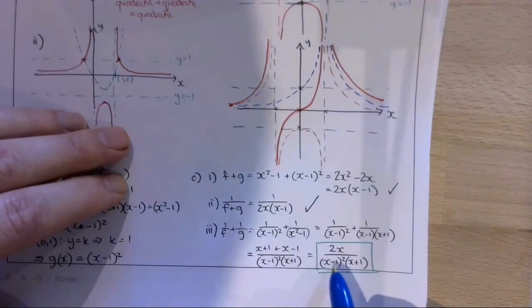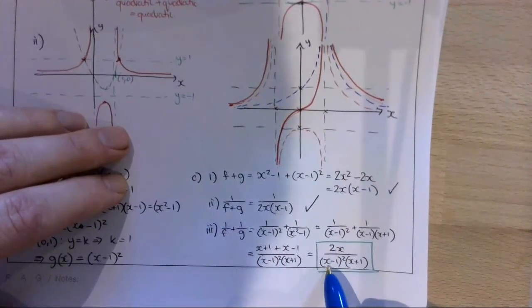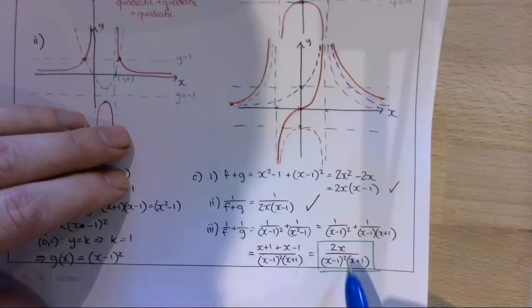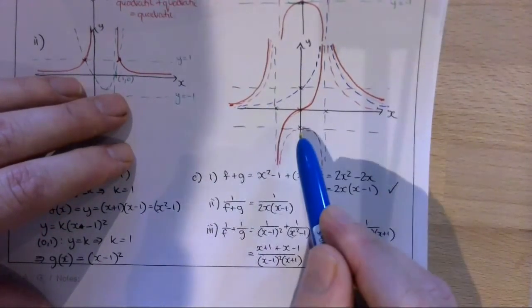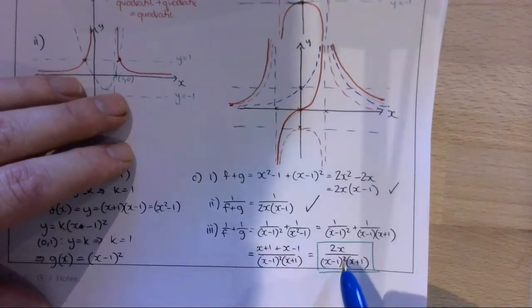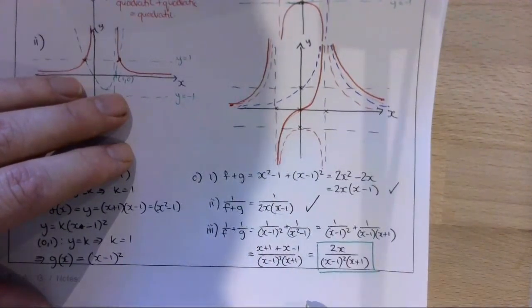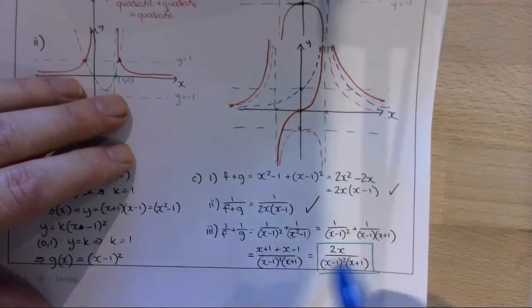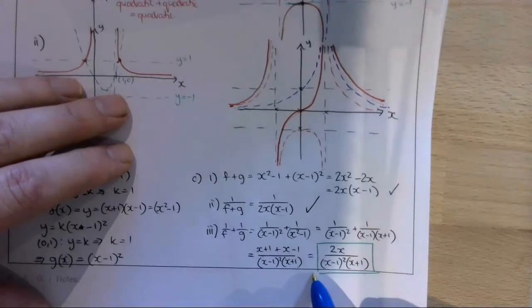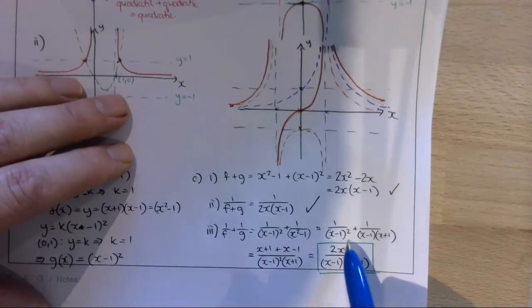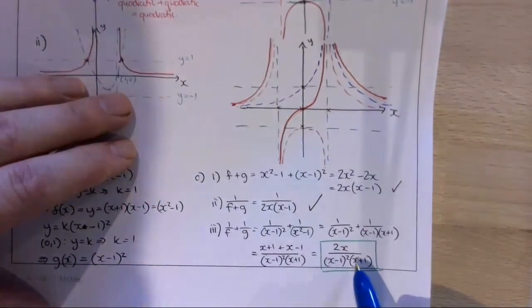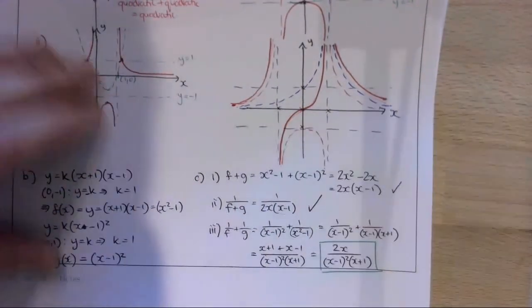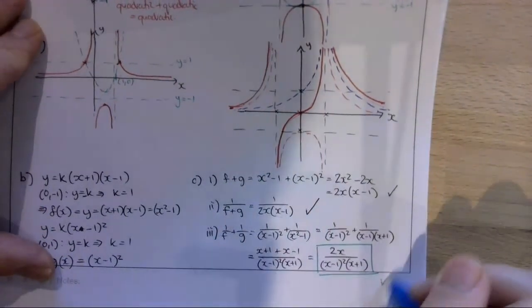And by looking at the signs of the three parts of this, I can see that the only place that it's going to be negative is when x is between -1 and 1, because then we're going to have a negative on the numerator, and we're going to have no negatives on the denominator. So we have negative divided by positive, which is negative, whereas everywhere else I'm going to get a positive value, meaning my graph must be correct.